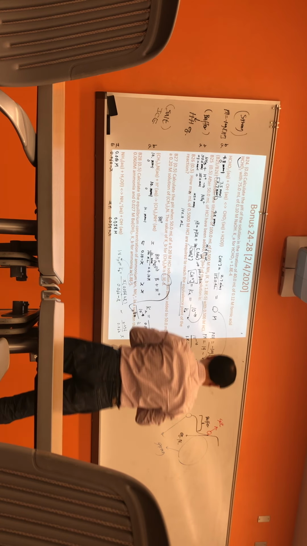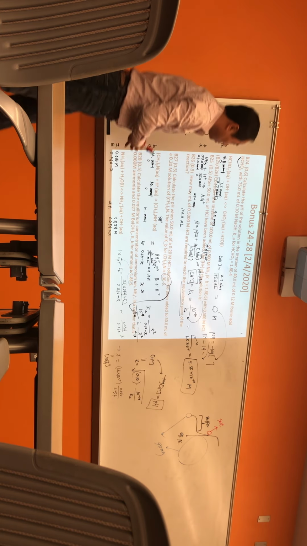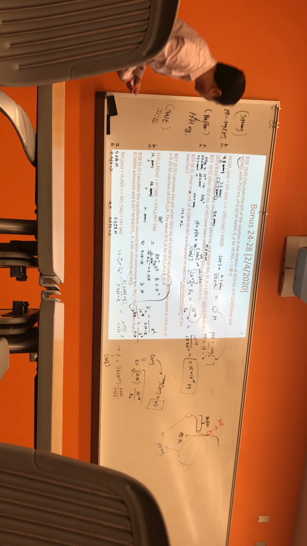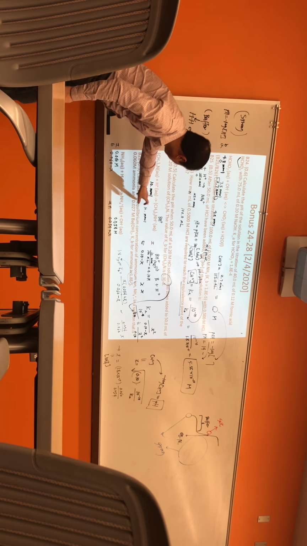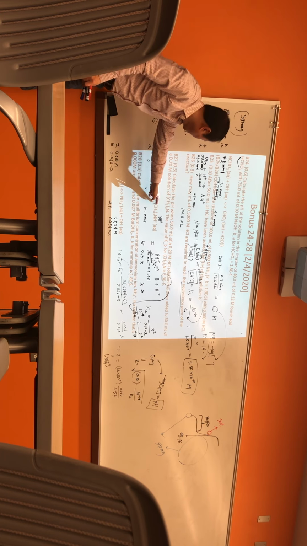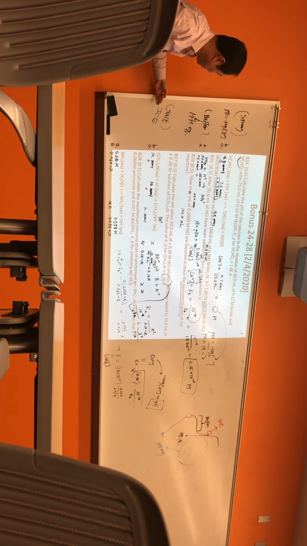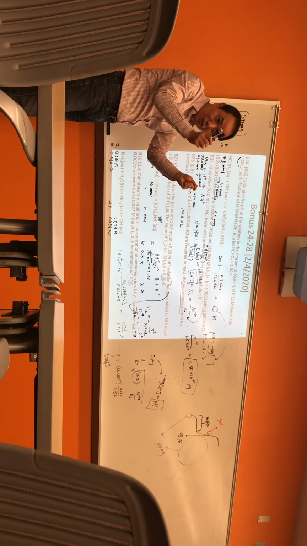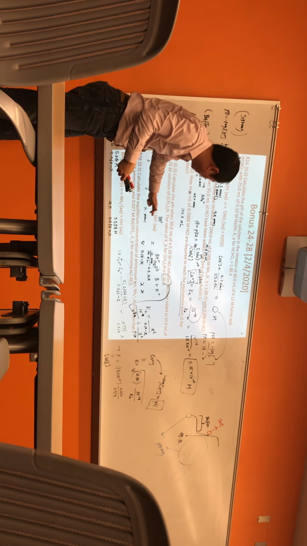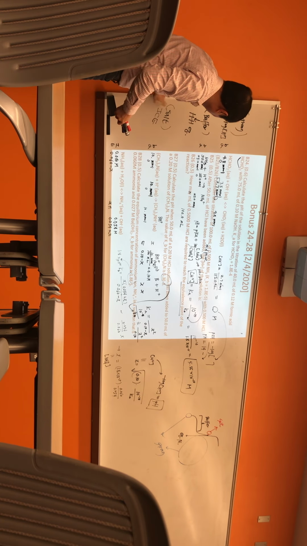So that was salt and the conjugate base. When I say salt, this is ion. Salt will dissociate, producing ion. So that will be an ICE table problem.